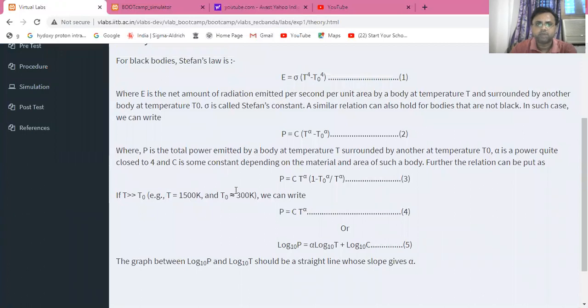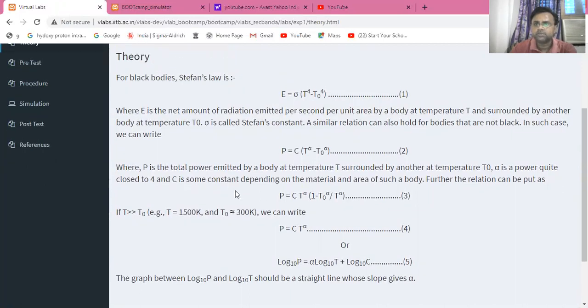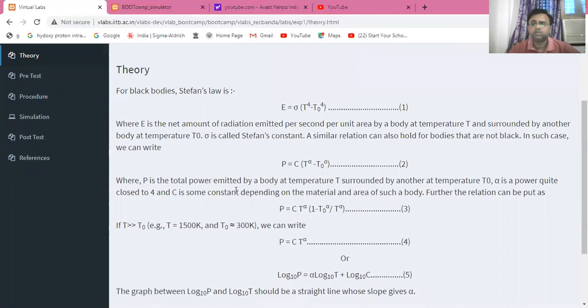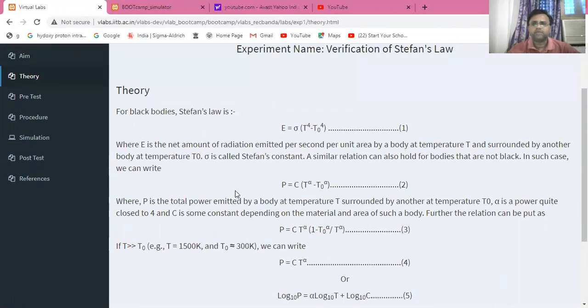Basically, it is the power radiated per second per unit area of a body at a temperature surrounded by another body. It gives the relation between the power radiated and the temperature. This is the basic theory of Stephen's law for the black body.